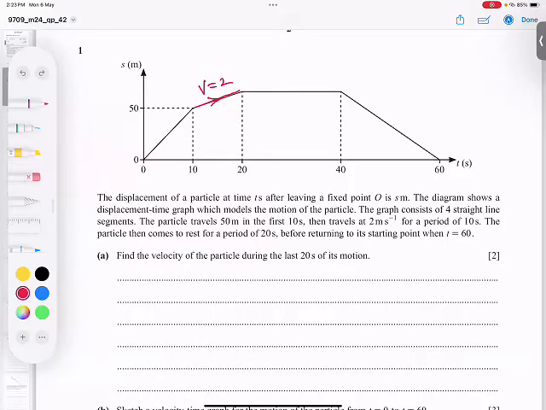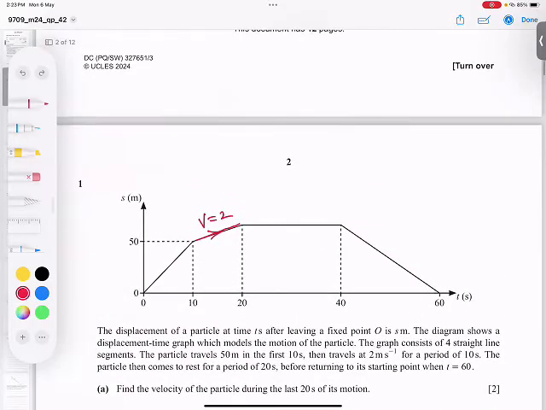The question we have: the velocity of the particle during the last 20 seconds. So we need to find this. Do you know, students, for the distance-time graph, we have 1 rule only, and that rule is: the gradient of any line is equal to speed.